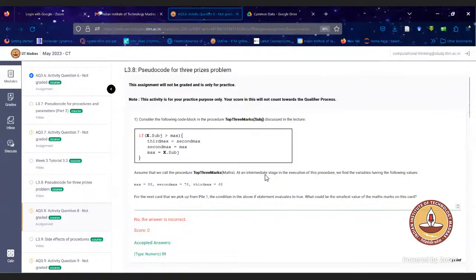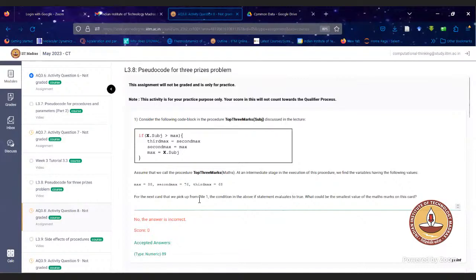At an intermediate stage in the execution of this procedure, we find the variables having the following values: max is equal to 88, second max is equal to 76, third max is equal to 68. For the next card that we pick up from pile 1, the condition in the above if statement evaluates to true.